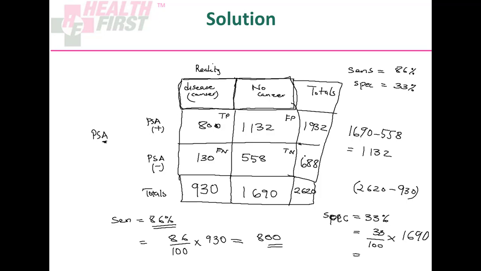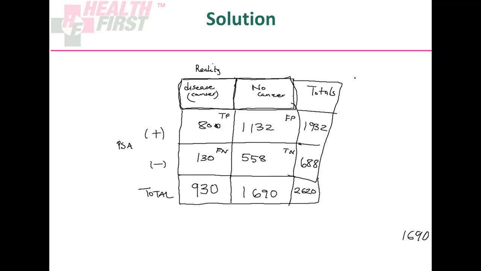Let's now calculate the positive predictive value. Remember, the formula is simply the positives. We are only concerned with the positive results, in this case, this row, right? So it's going to be the true positives divided by the true positives plus the false positives, right? Truths are always on top.